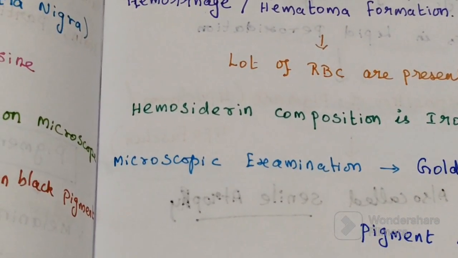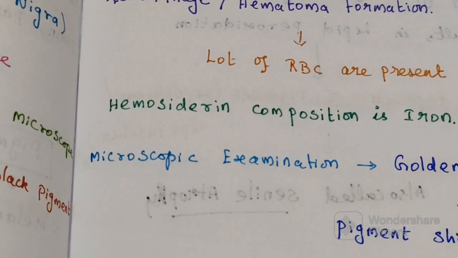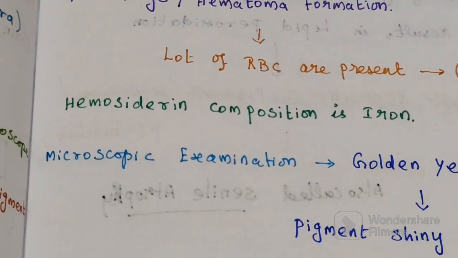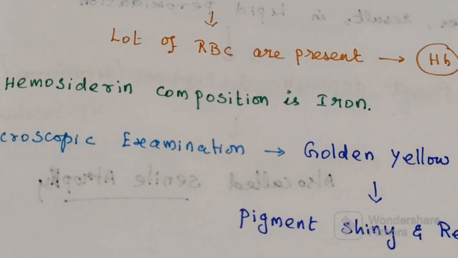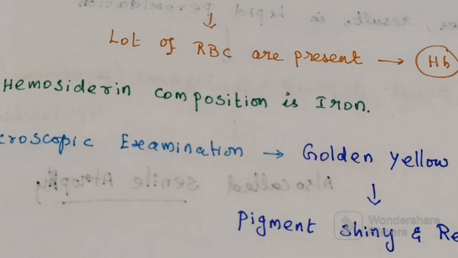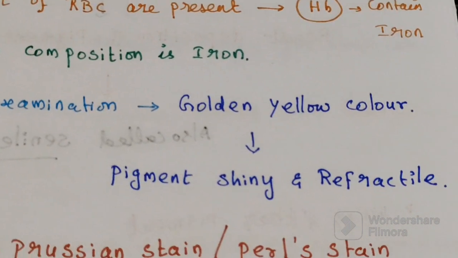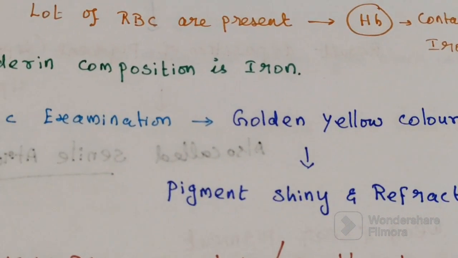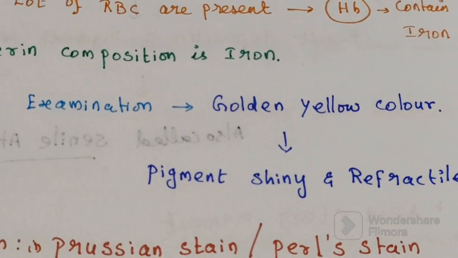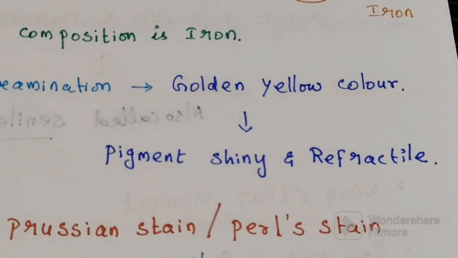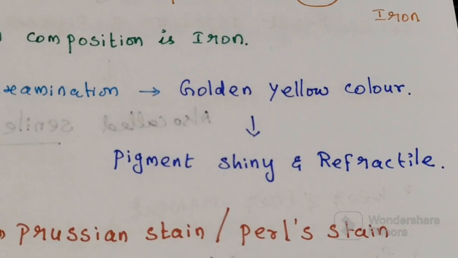We need to know the color on regular microscopic examination. On regular microscopic examination, hemosiderin appears golden yellow. Most important point, the pigment should be shiny and refractile.